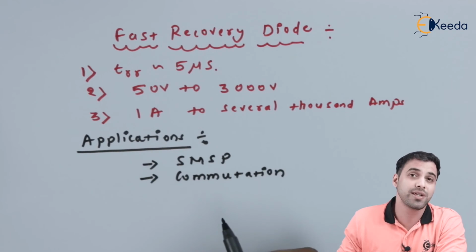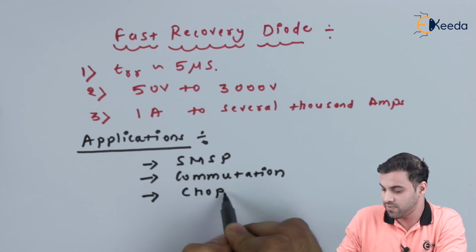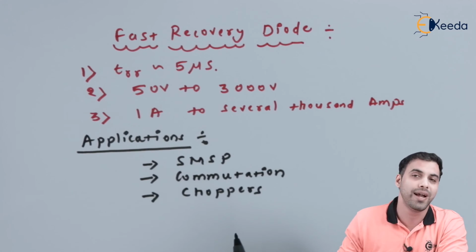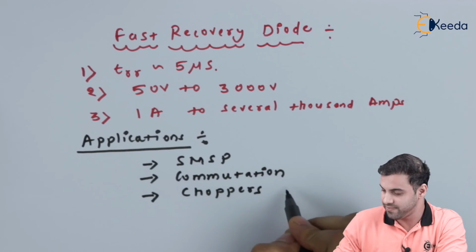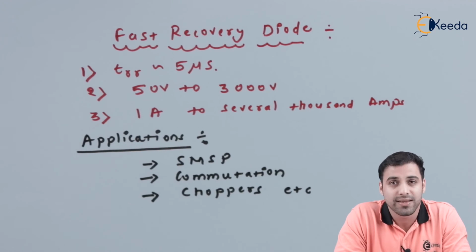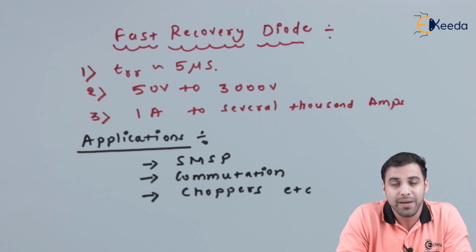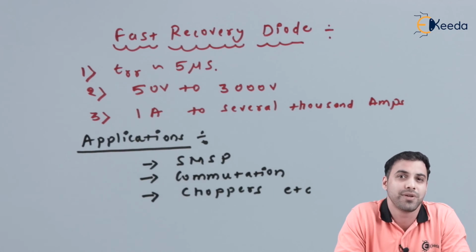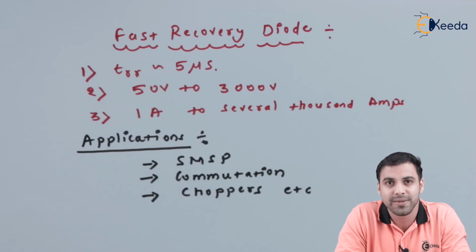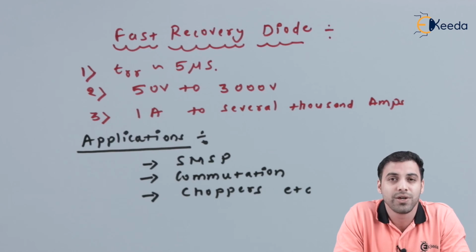They are widely used in commutation electrical circuits, and they are widely used in choppers and etc. So friends, if you can see, the less the reverse recovery time, the diode can be used in a very high frequency application. That means the frequency range of a fast recovery diode can be higher than the frequency range of a general purpose diode.